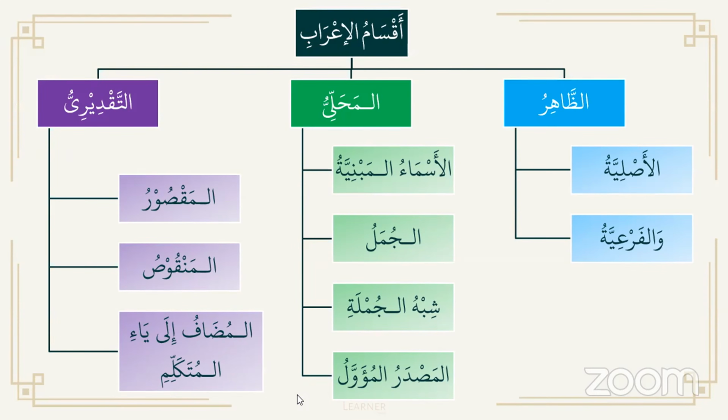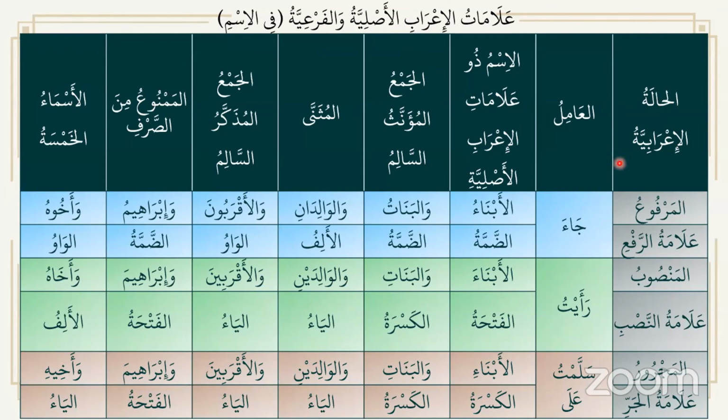Last week, I took this example, which is from the book. I have retyped the whole chart. It shows the complete Ae'rab al-Asliya and Far'iyya, with an example, which falls under the category of al-Zahiru.